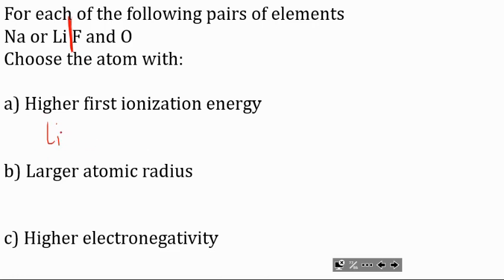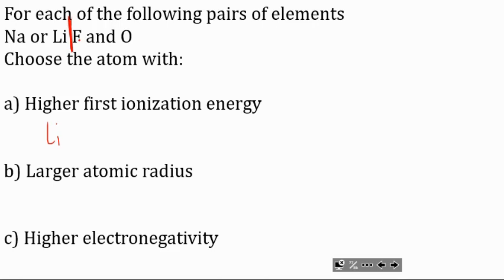Because lithium has less distance. The outer electron is closer to the nucleus, okay? Always go back and think about Coulomb's law. What part of Coulomb's law is being affected by this? Here it's going to be the distance. So it has a reduced distance to the nucleus, and that increases its first ionization energy.